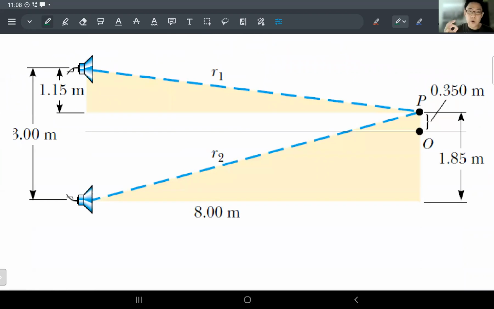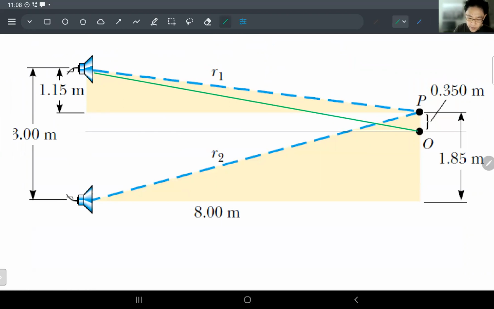Okay. First thing that you probably understand right away is while you are standing at point O, you're going to hear a loud sound. Does that make sense? The reason is because you are standing exactly in the middle. So if I draw this line, the green, you can see these two green lines have the same length. So it means at position O, which is at the center, you are going to get a constructive interference.